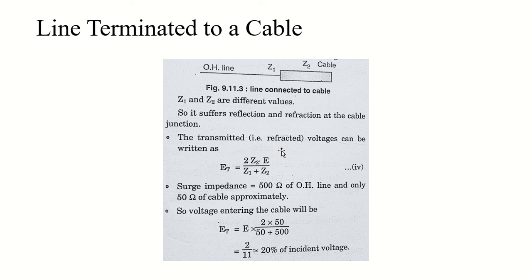Because of the capacitance of this cable, the advantage is that the voltage entering the cable from the overhead line is only 20% of the incident voltage, right? Because the capacitance of my cable will give the advantage, and the voltage entering the cable from the overhead line will be only 20% of the incident voltage.